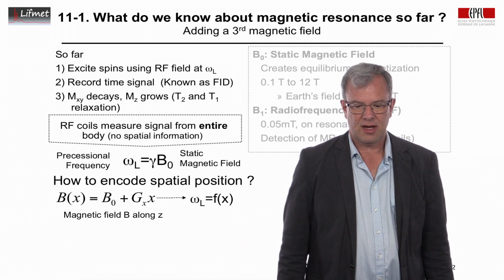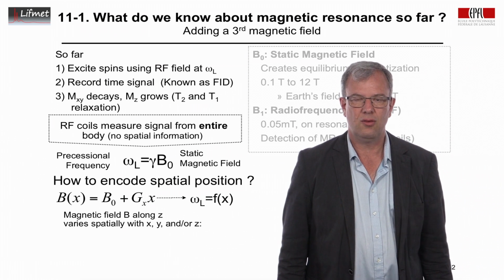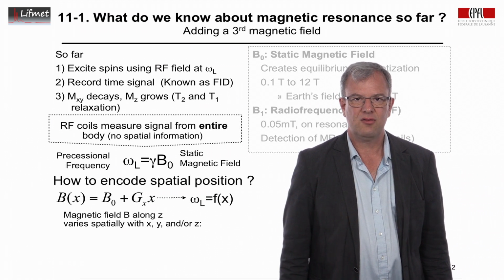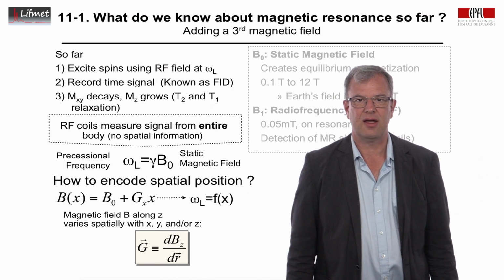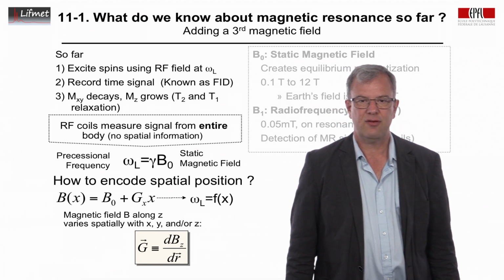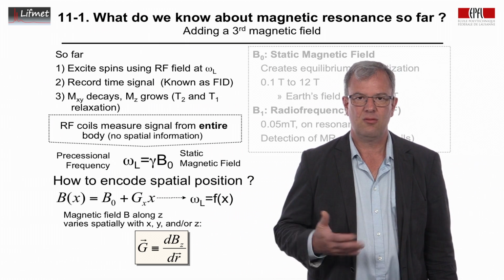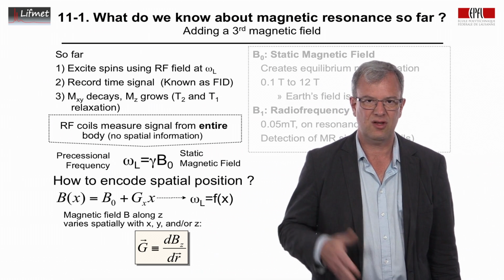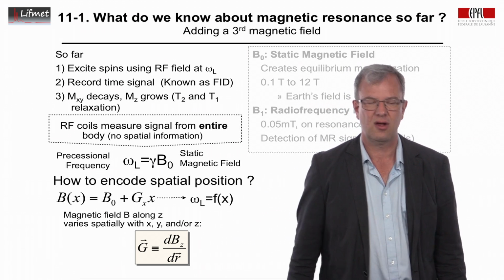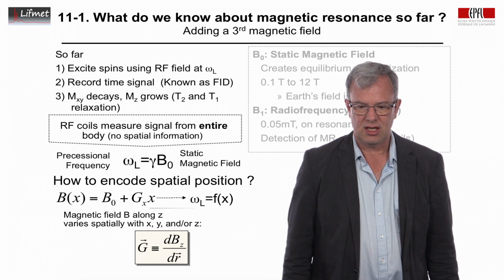So if we write the magnetic field along Z and we produce it to vary spatially with X, Y, and Z, this spatial variation we can define as the derivative of the Z component of the magnetic field. Remember, the static field is always along Z. With respect to position X, with respect to position Y, with respect to position Z, each of those derivatives are the components of a vector that we shall call G here.